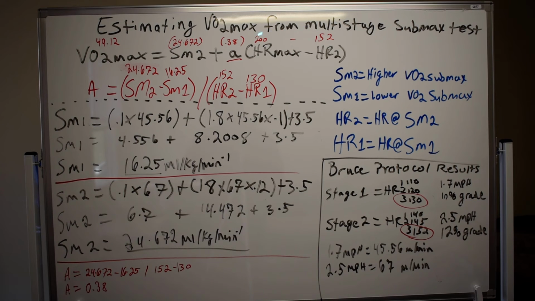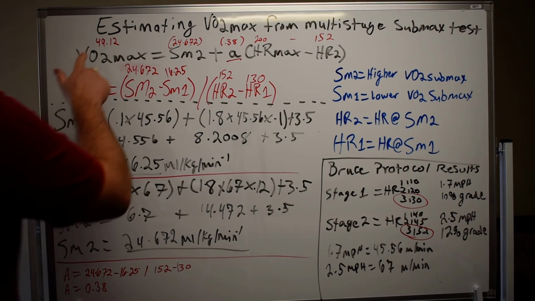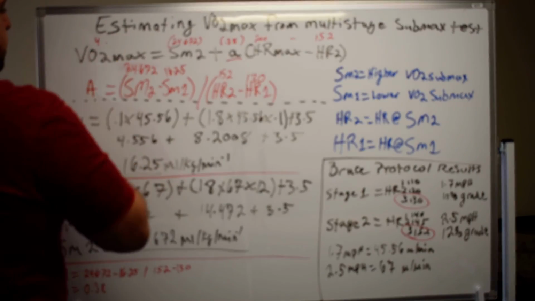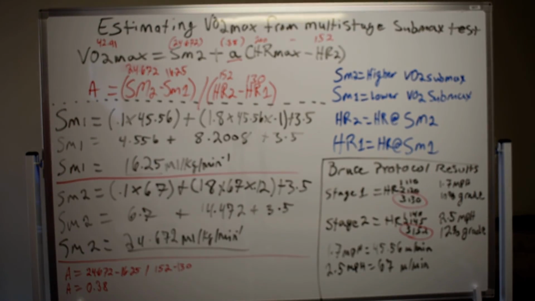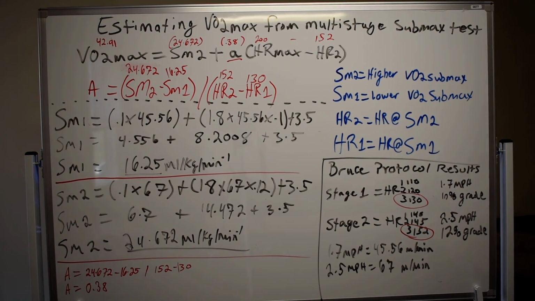If we add that to this 24.672, that should give us 49, or sorry, I wrote this wrong, 42.91. So let me fix that. We all make mistakes. So now we have our correct estimated VO2 max.